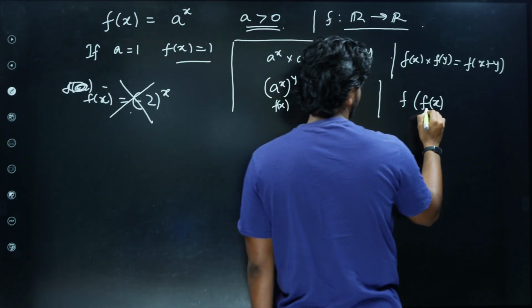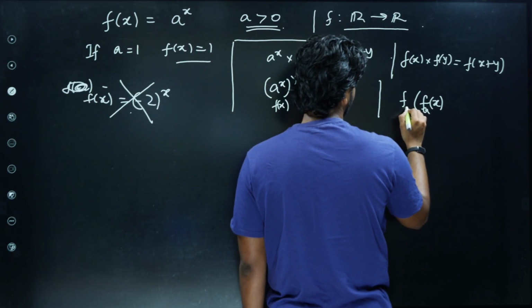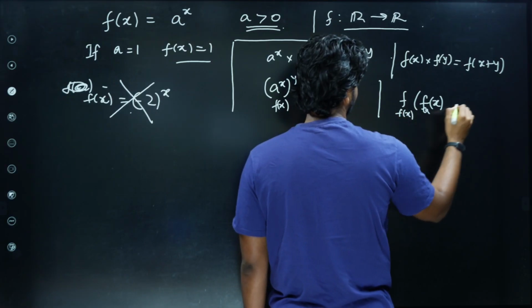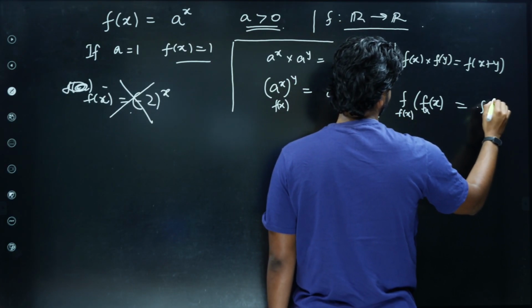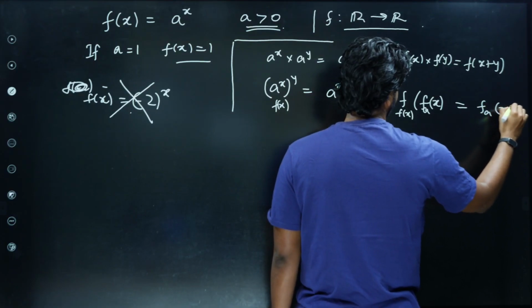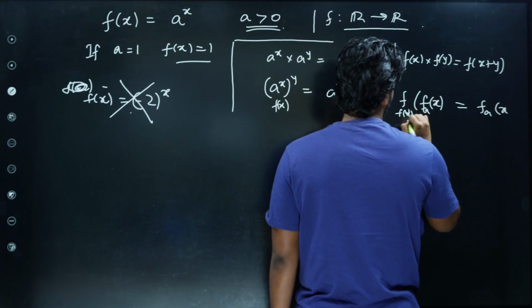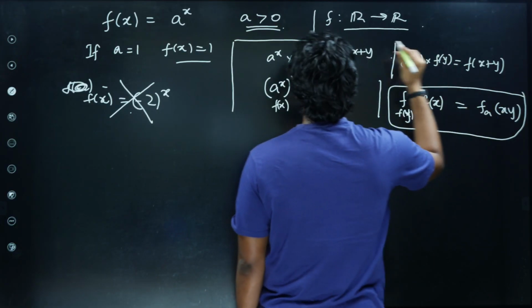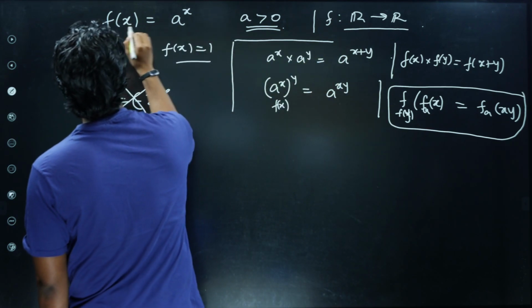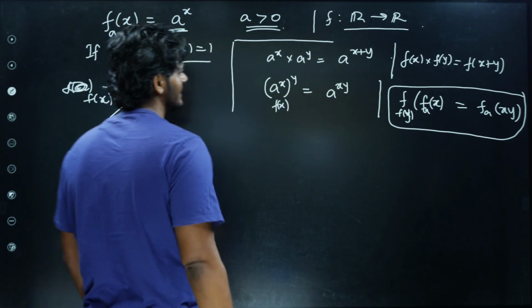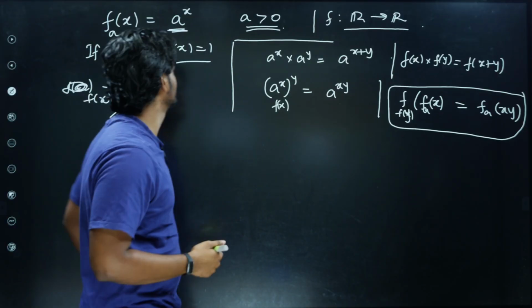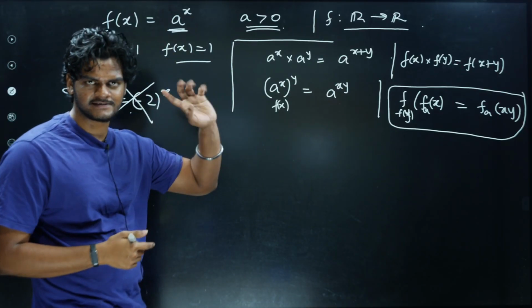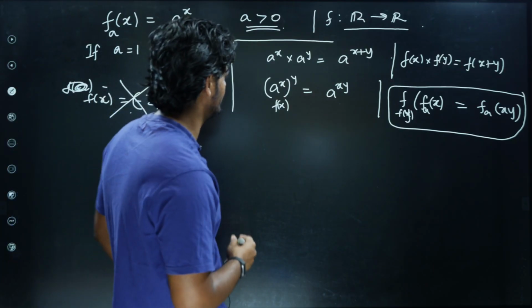So if I define f a of x, and apply f of x, then that is f a of xy. So I have to define it like f a of x, right? This is the base, this is the index, we call it index, and that is the exponent. X is the exponent, the power is the exponent.